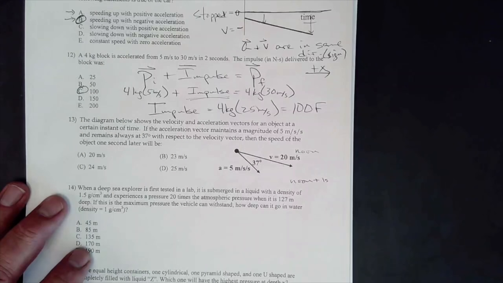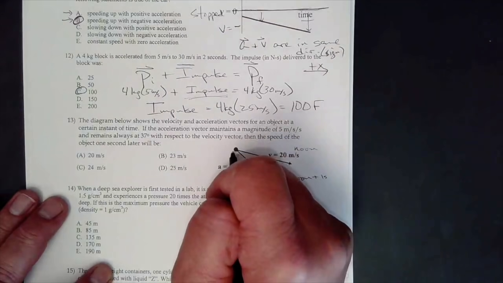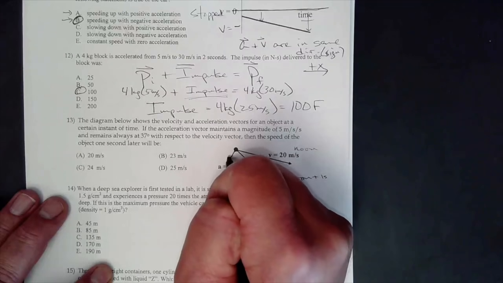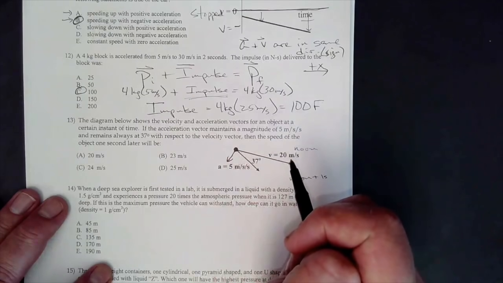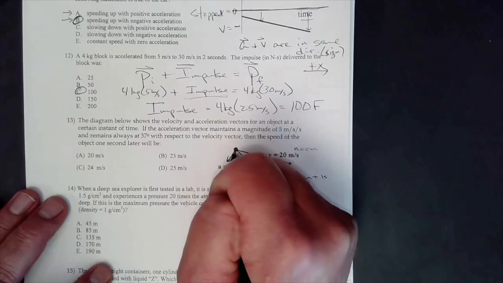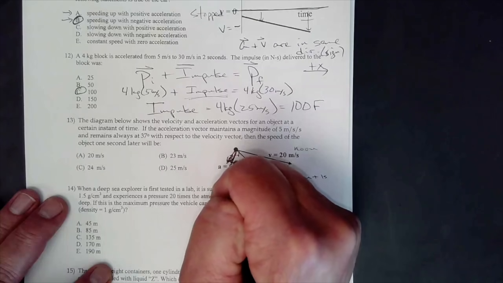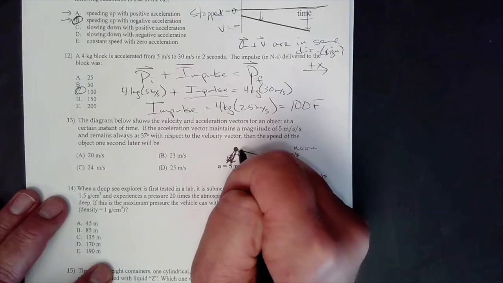Now, that 37 degrees tells me that part of the acceleration, the part that's perpendicular, is causing this thing to turn, and part of it is causing it to speed up.